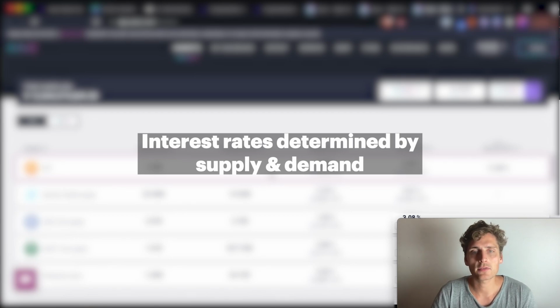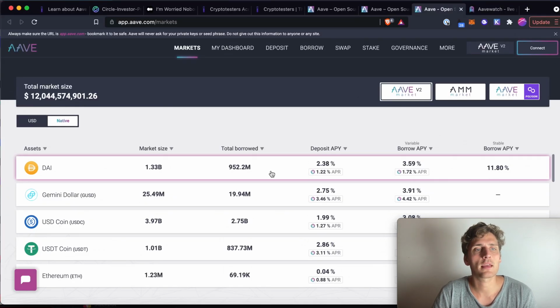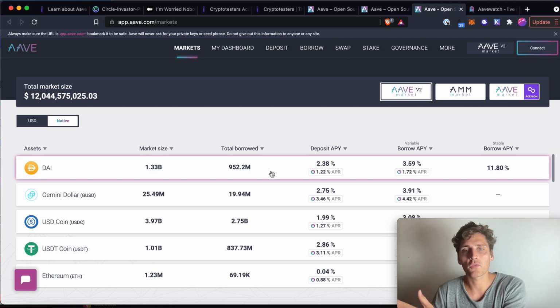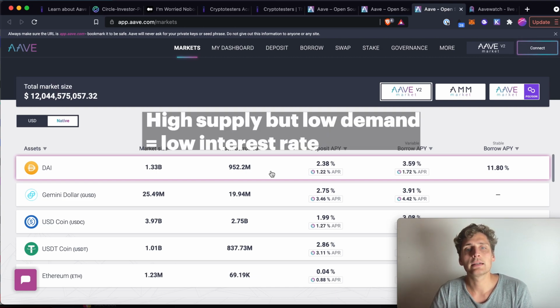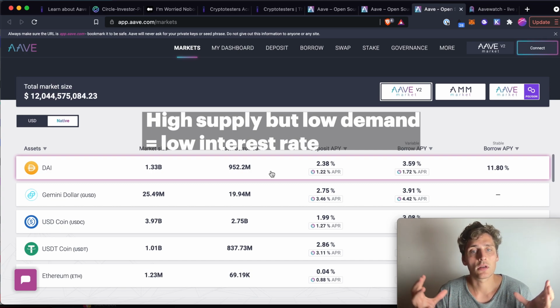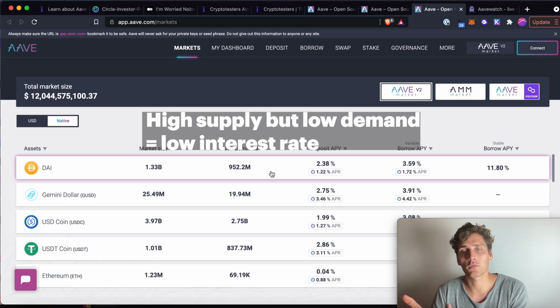It's not like some banks do where they give you 0.1%, let's say, for 1 year. Here it fluctuates, and it fluctuates based on supply and demand. So if there's a lot of supply of stablecoins, for example, like DAI is a stablecoin, if a lot of people want to deposit dollar stablecoins and earn interest on it, but there's not a lot of borrowing demand, so not a lot of people want to get a loan, then the interest rate will lower, because basically there's just a lot of people who want to earn interest and not a lot of people borrowing it.